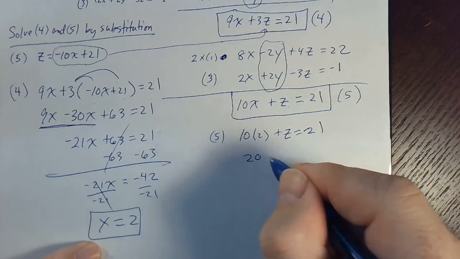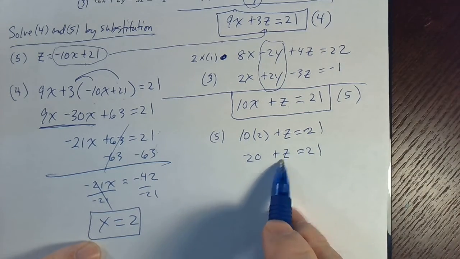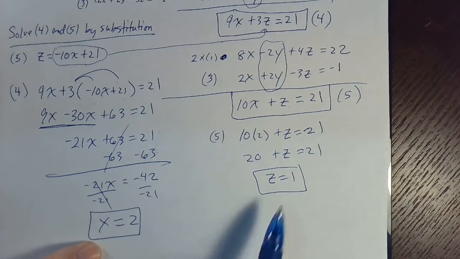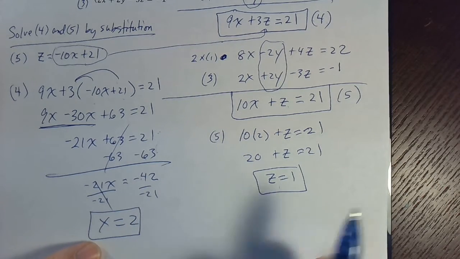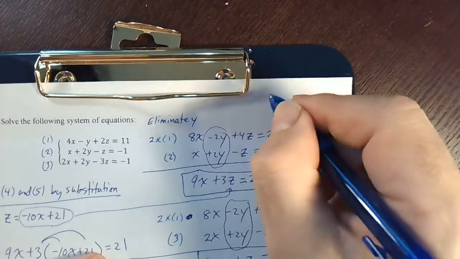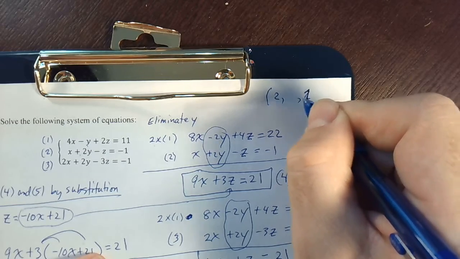So 20 plus z equals 21, which means z is a 1. Z is a 1, x is a 2. Let's go back to the beginning. X is a 2, z is a 1.